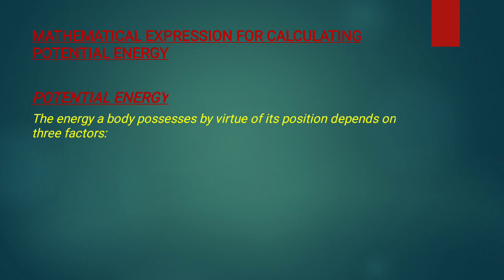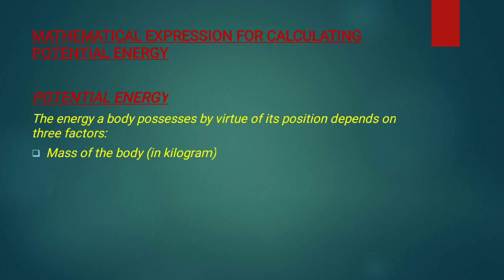You must note that the energy a body possesses by virtue of its position depends on three factors. What is the first one? Mass of the body. It is measured in kilograms.